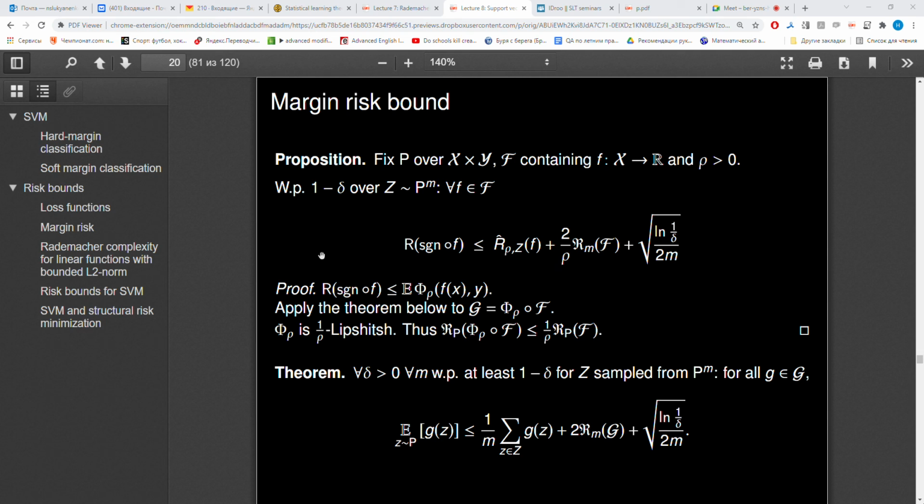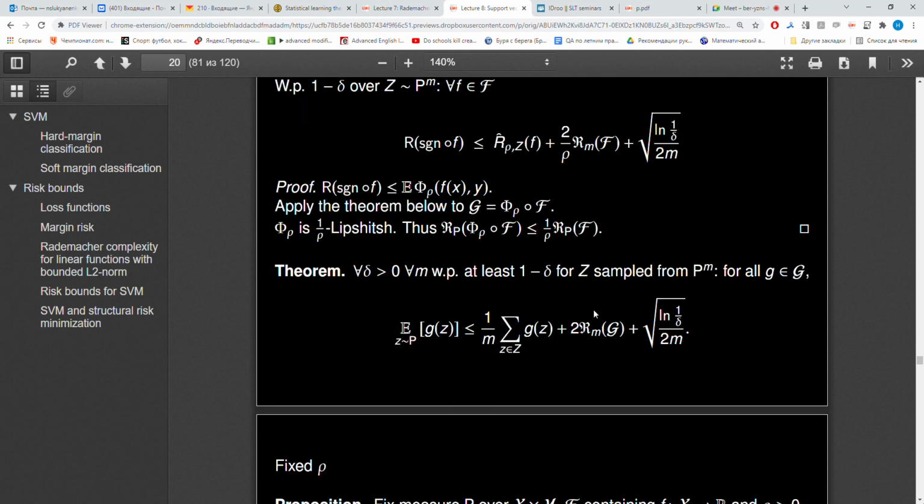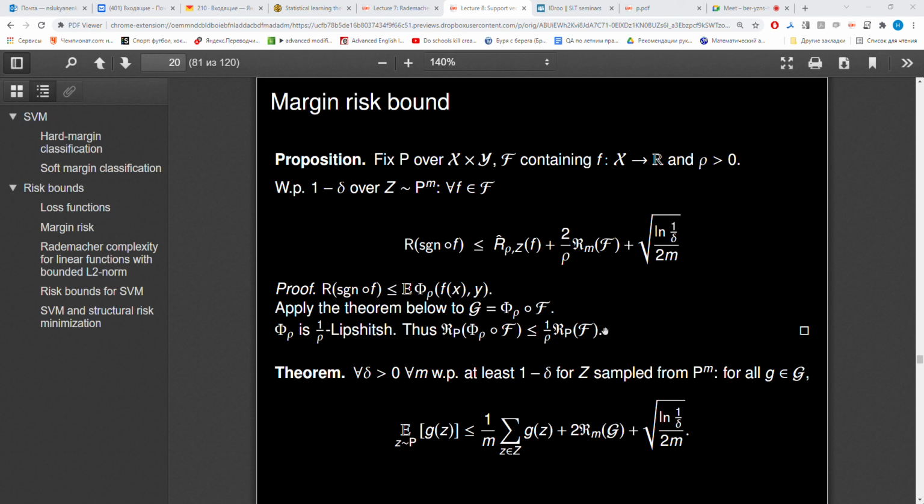We want to apply the inequality for the usual hinge loss, but we used only the Lipschitz constant from the contraction lemma, which was equal to 1 divided by rho. Here you can see that it is 1 divided by rho Lipschitz.